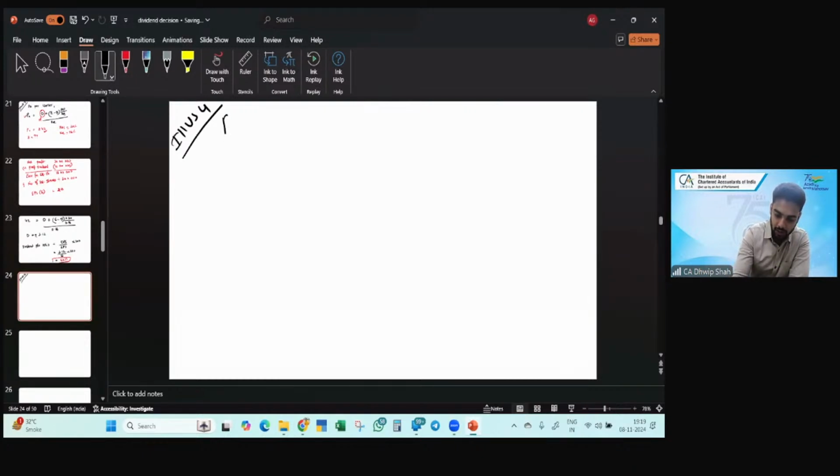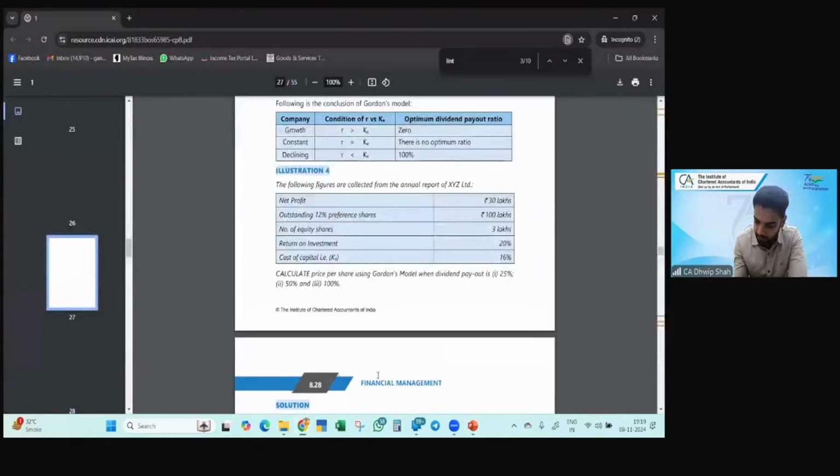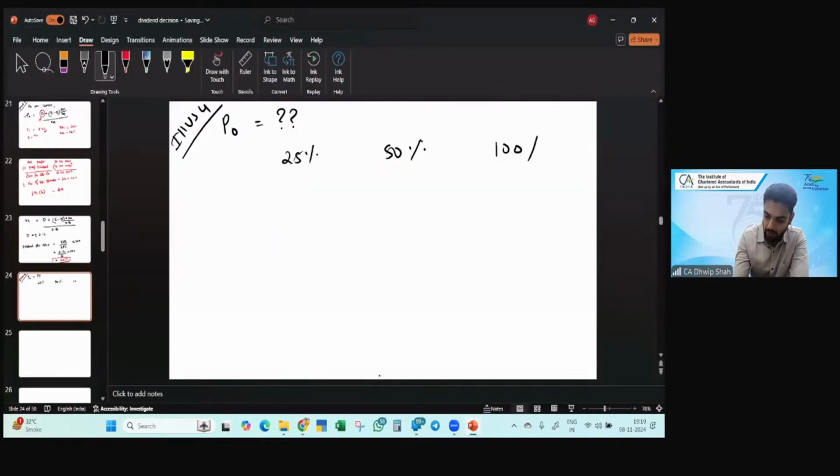They have asked to calculate P0 in 3 different scenarios: at 25%, at 50%, and at 100%. But I would want you all to add 0% as well, so that everything gets crystal clear.